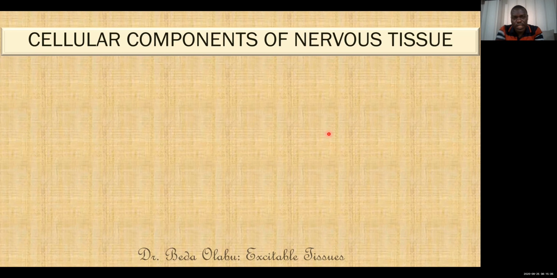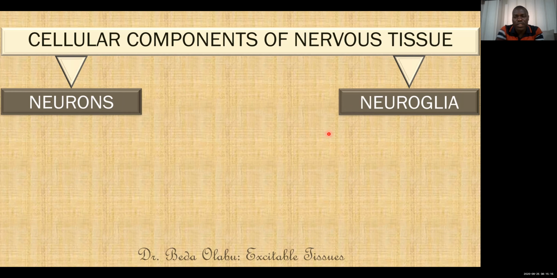So let's just start straight ahead by looking at the components of nervous tissue, and specifically we are looking at the cellular components of the nervous tissue. When you look at the cells of the nervous tissue, we can group them into 2. We have the neurons and the neuroglial cells.